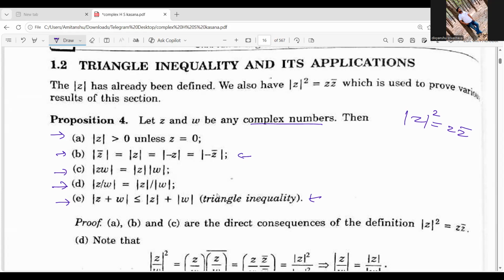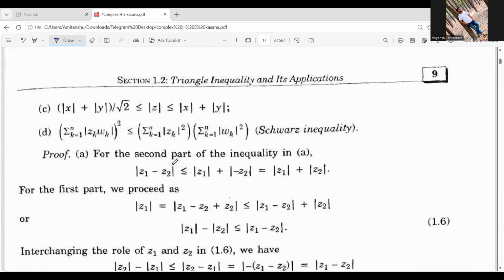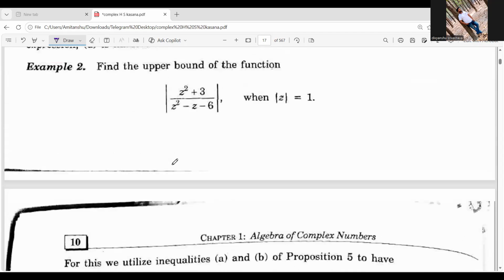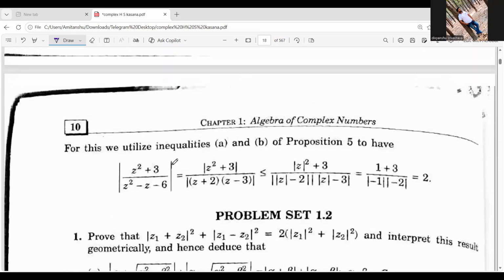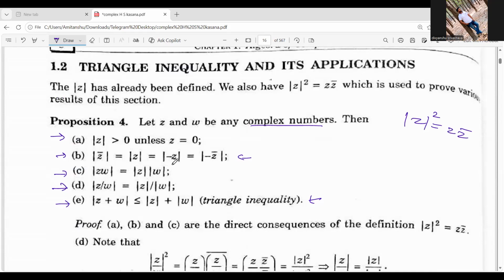So basically in this section, I am going to teach you some Euclidean space type format and some triangular inequality. Okay, these are the basic properties only.